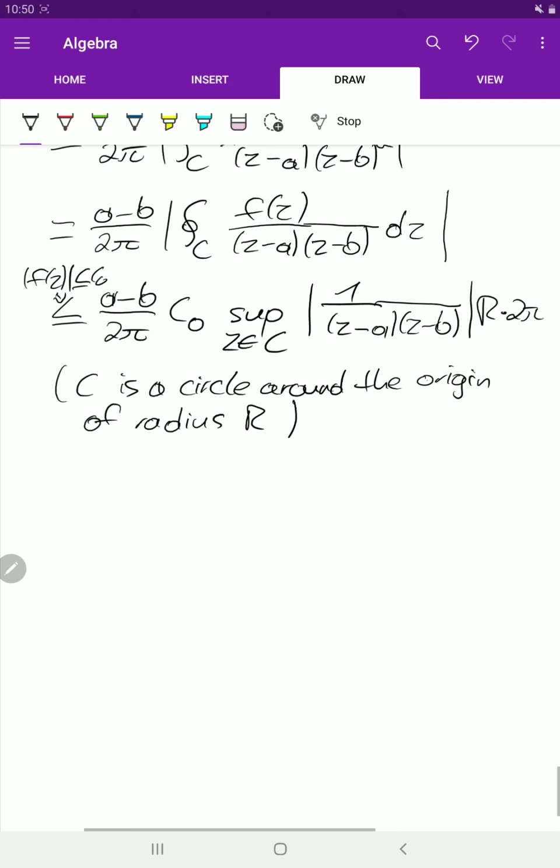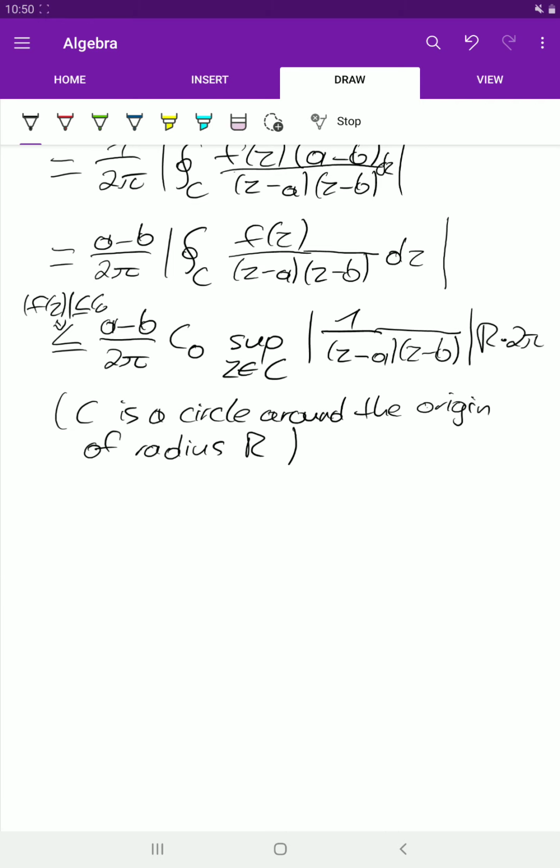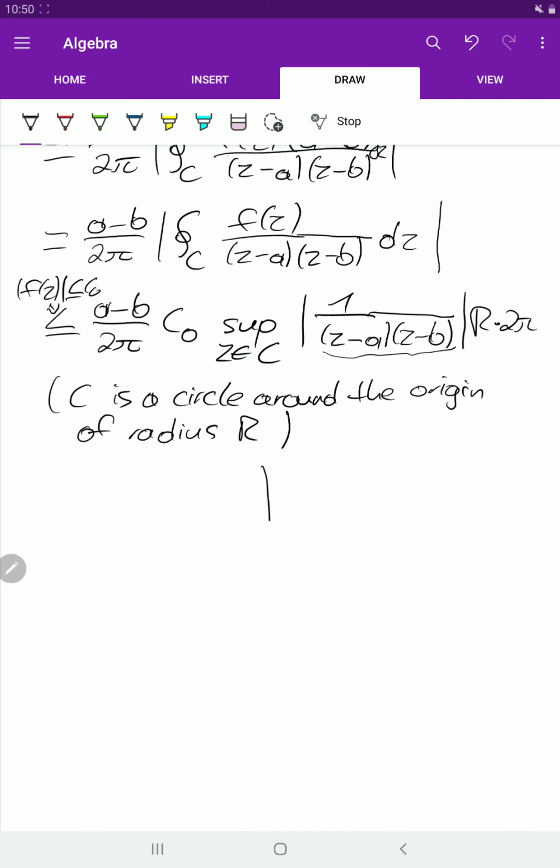Okay, but we still haven't specified r. So we need this for this supremum to exist. So let's think about it. Maybe let me draw a little picture. So we have, let's say, a, and we have a point b.